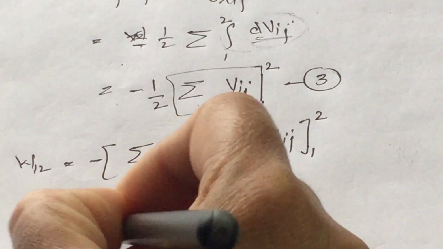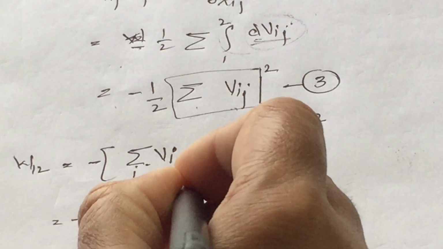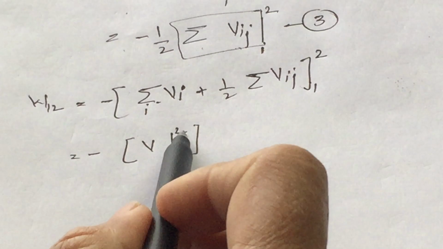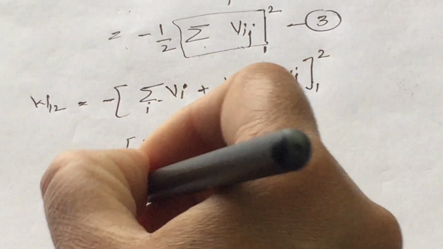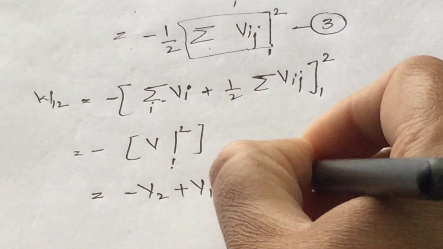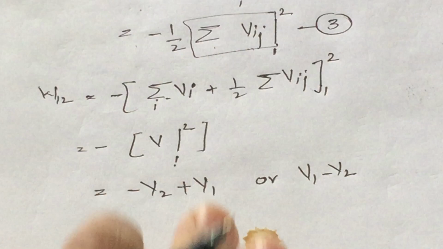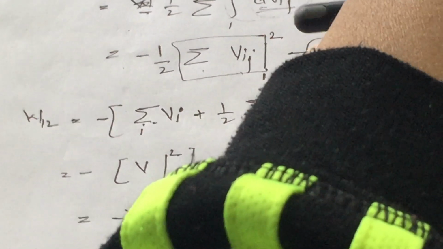Let us consider that total potential energy comes out to be V, and if this is the final potential energy, this is representing the initial potential energy, we will have minus V2 plus V1, or we can say that V1 minus V2. It means in case of work done, how is potential energy related with work done.